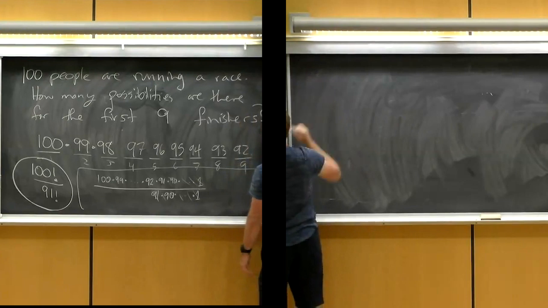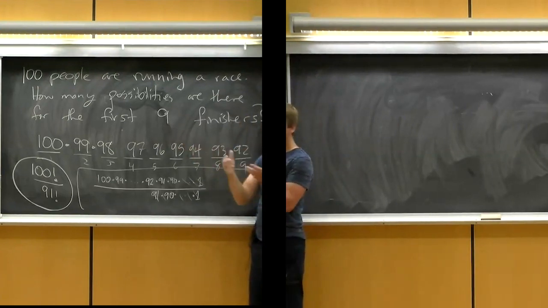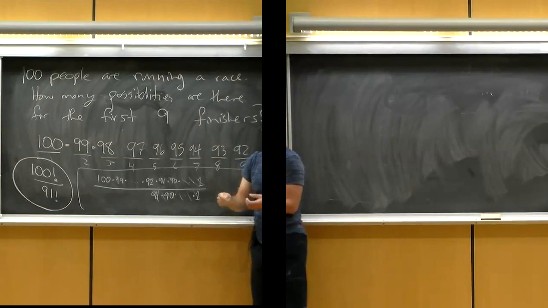So what we've done here is we have a set of size 100, we permuted 9 elements. We chose 9 elements and put them in order.